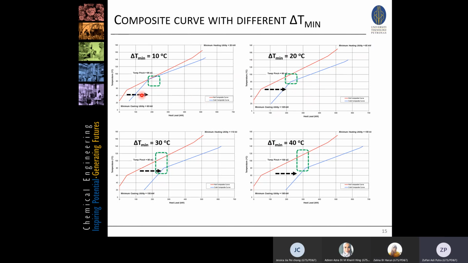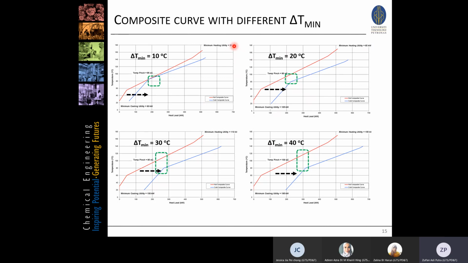The same goes if I put it to the left a little bit, by 10 degrees C. So we are reducing the amount of heating utility. Instead of getting 65 from the steam header, we only need 20 kilowatt from the steam header.